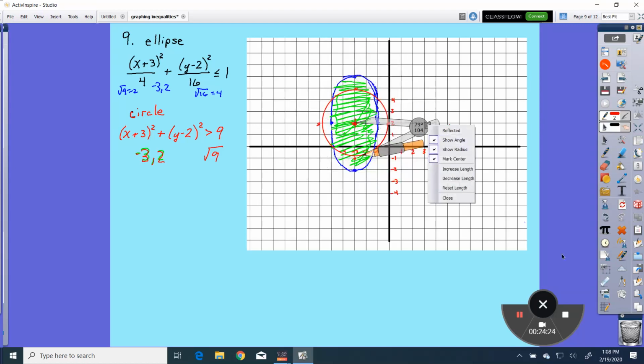Something like that. Okay, and it's greater than, so it's everything shaded outside of the circle.